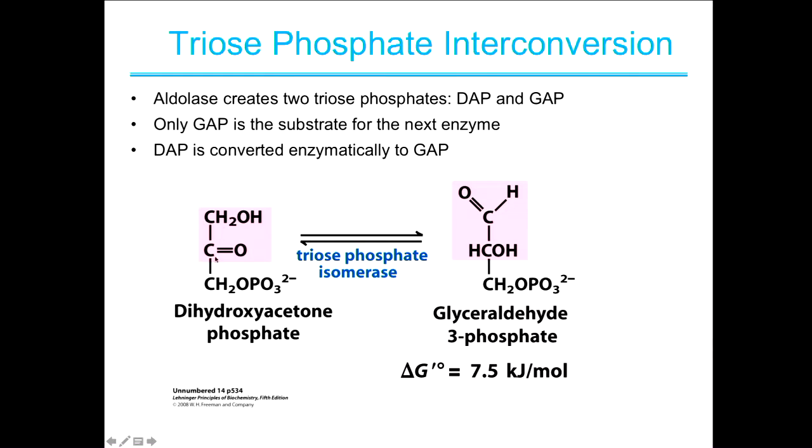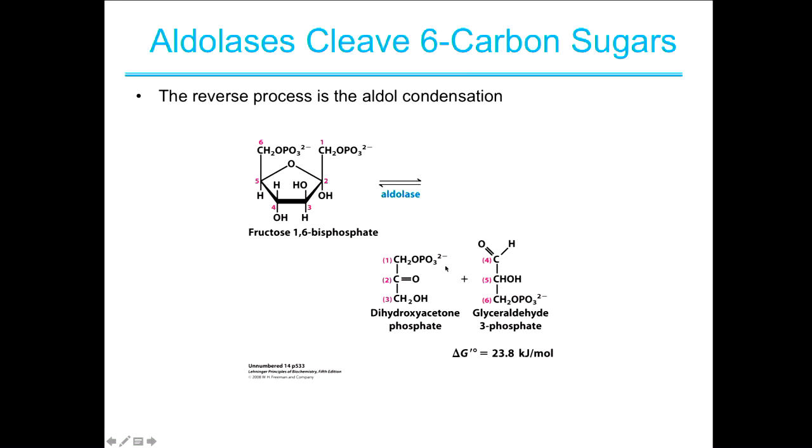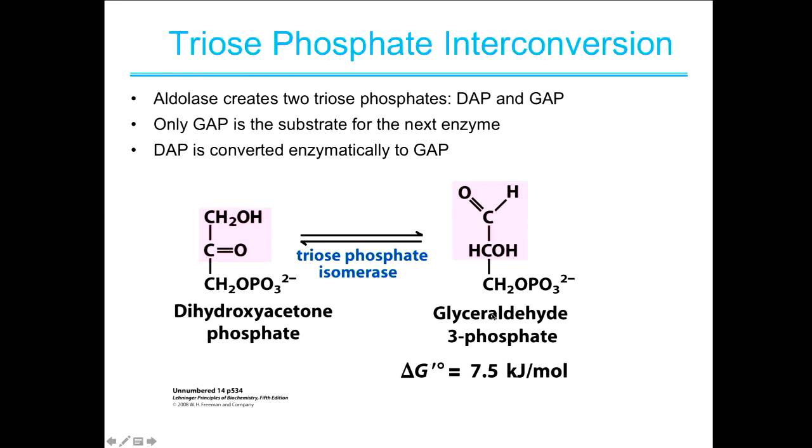Okay, so you're going from ketose, aldose, dihydroxyacetone phosphate, glyceraldehyde 3-phosphate. So this glyceraldehyde 3-phosphate and this one that was made directly from fructose 1,6-bisphosphate by aldolase, they go through the second half, the payoff phase. So you have 2 copies of glyceraldehyde 3-phosphate going through the second half of glycolysis.